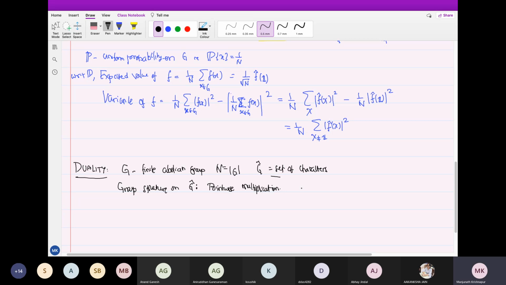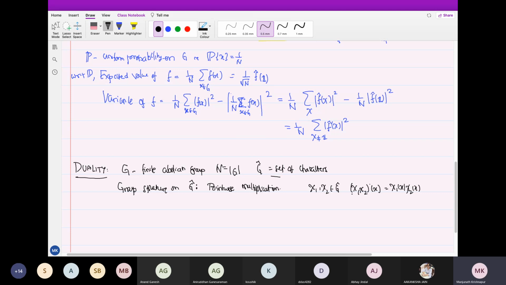If chi1 and chi2 belong to G hat, what I mean by chi1 chi2 is the function which takes x to chi1(x) chi2(x). Is that a character? It's clearly a character, because if you put x plus y, you will get chi1 of x plus y and chi2 of x plus y, and both of them factor as chi1(x) chi1(y) and chi2(x) chi2(y).